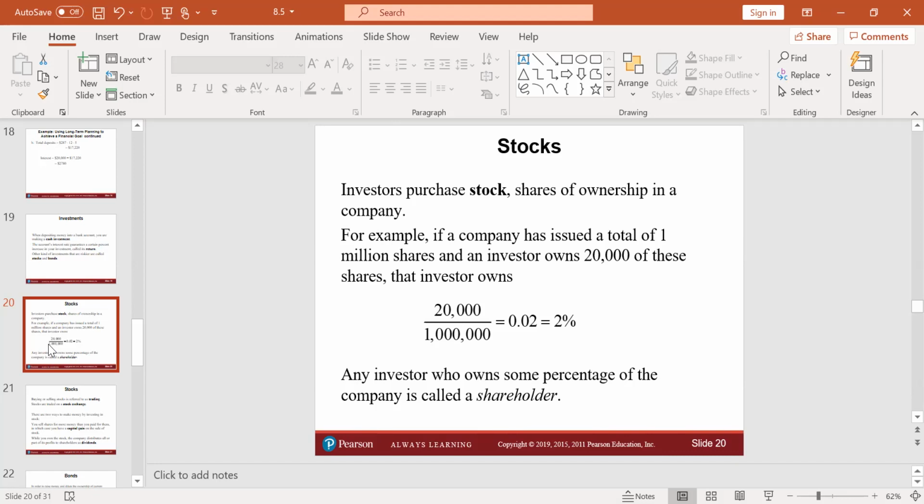So for instance, if a company issued 1 million shares of itself and you own 20,000 of them, you own 2% of the company. And 2% is actually a pretty big deal to own of a company, because those 20,000 shares, if you're talking about Apple, probably cost you millions of dollars. So owning 2% of Apple, even though it's only 2%, is still a nice big deal.